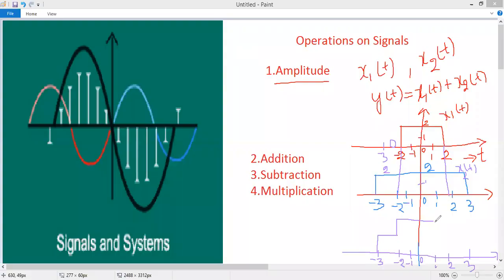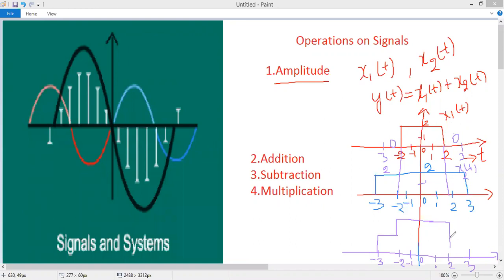Up to 2, we have an amplitude of 4. Then after this, from +2 to 3, let us assume it is a 3, we have x1 as 0 and x2 as 2. The x2 amplitude is 2.